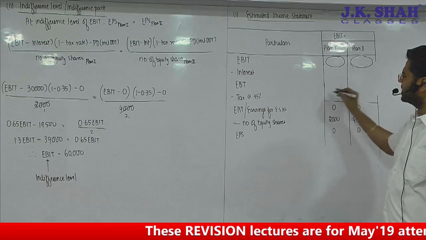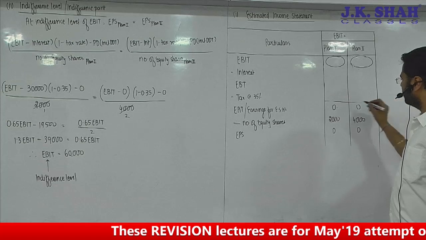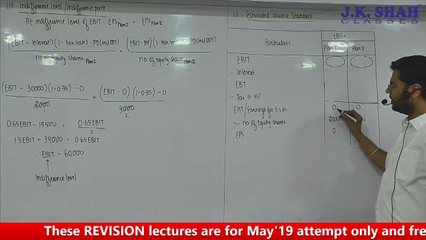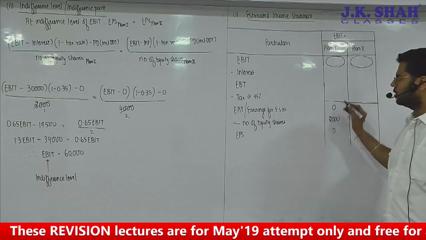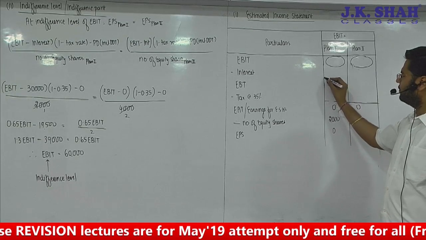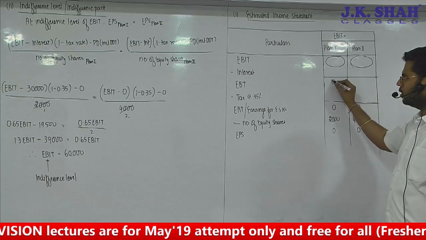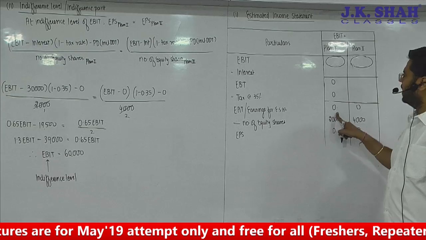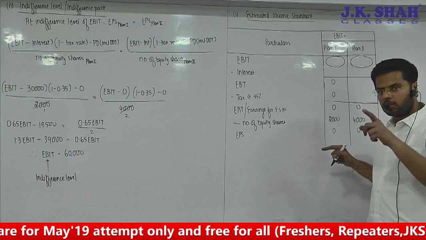So how will you get that? Sir, we can do this calculation by going in reverse. Let's see. When can your answer here be 0? Obviously, if the profits from your business are 0, then your tax will be 0. So this will also be 0. In plan 1, look at the table.